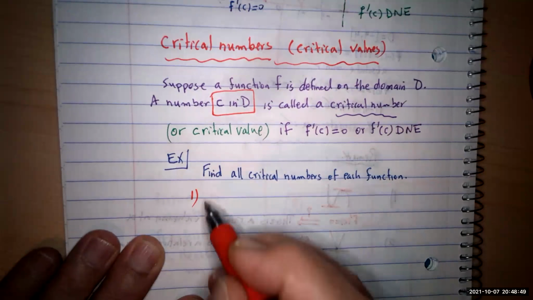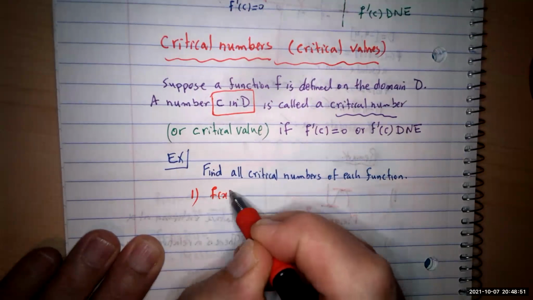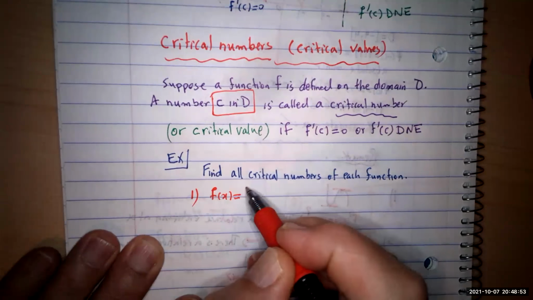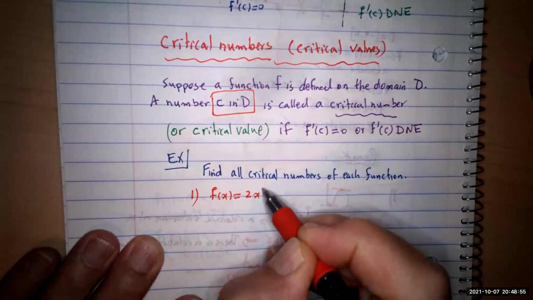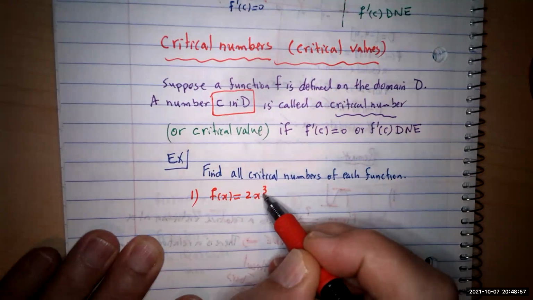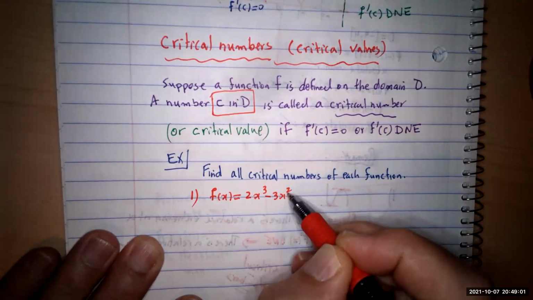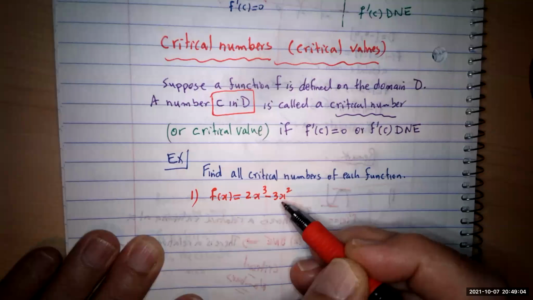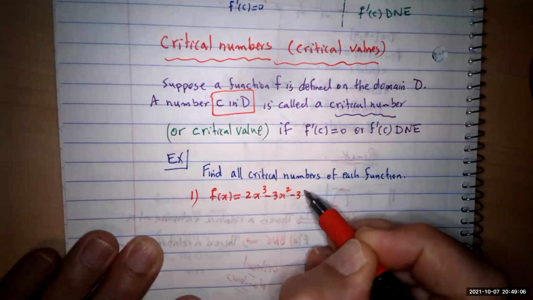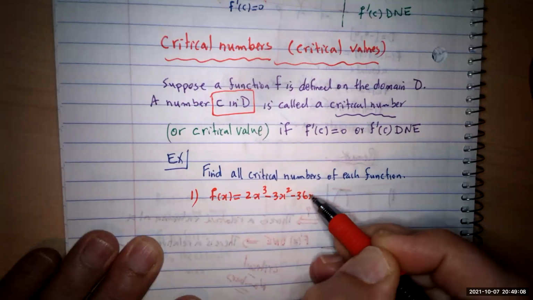So we go with this one, f of x equal to 2x cubed minus 3x squared minus 36x plus 14.